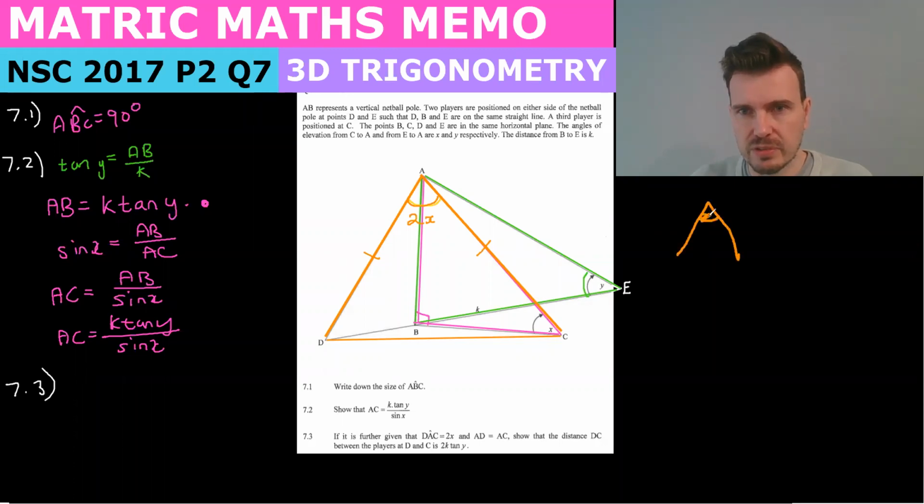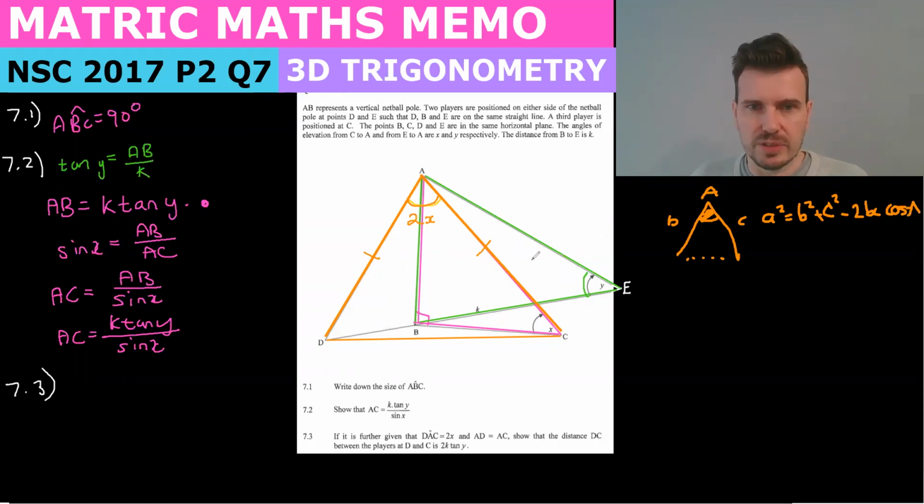When you know A, B and C, you can get this third side using A squared equals B squared plus C squared minus 2BC cos A. And so you could substitute in 2x for the angle, and you could substitute in your K tan Y over sine X for B and C. So that's one way of doing it.